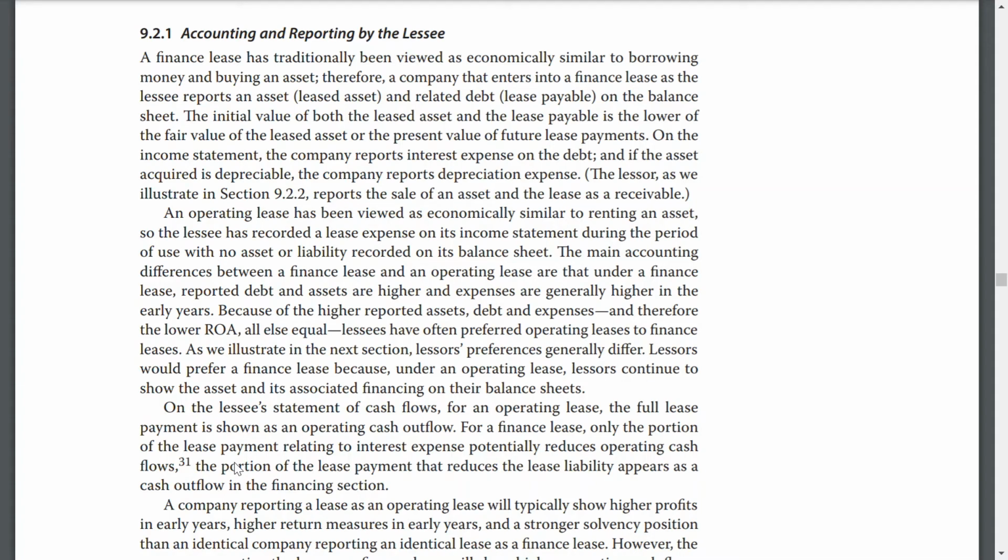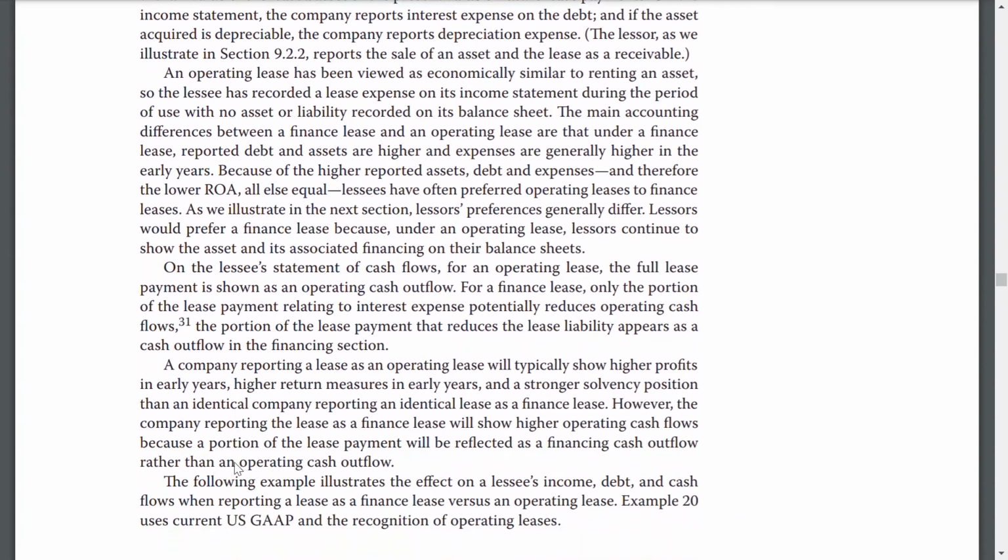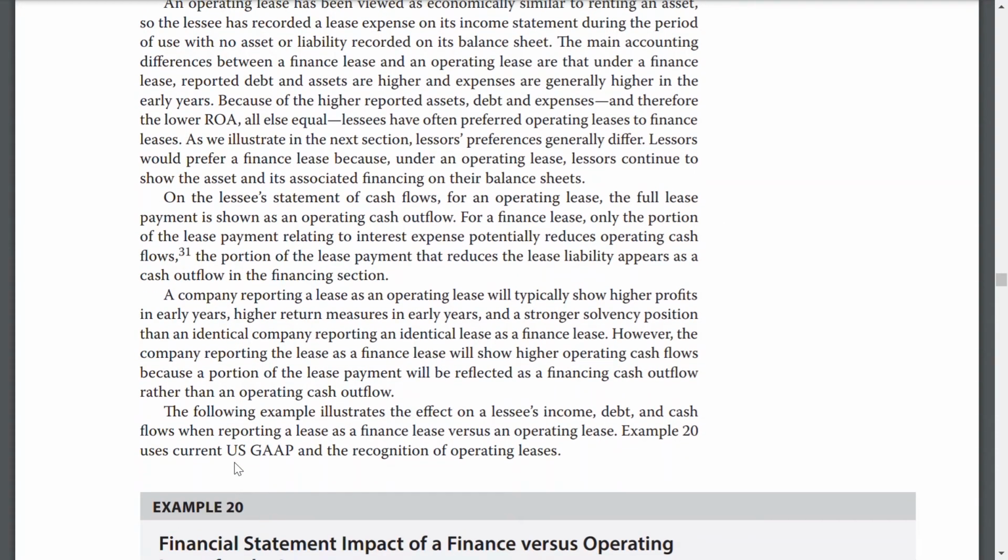The main accounting differences between a finance lease and an operating lease are that under a finance lease, the reported debt and assets are higher, and expenses are generally higher in the earlier years. Because of higher reported assets, debt, and expenses, ROA is lower. Therefore, lessees have often preferred operating leases to finance leases.